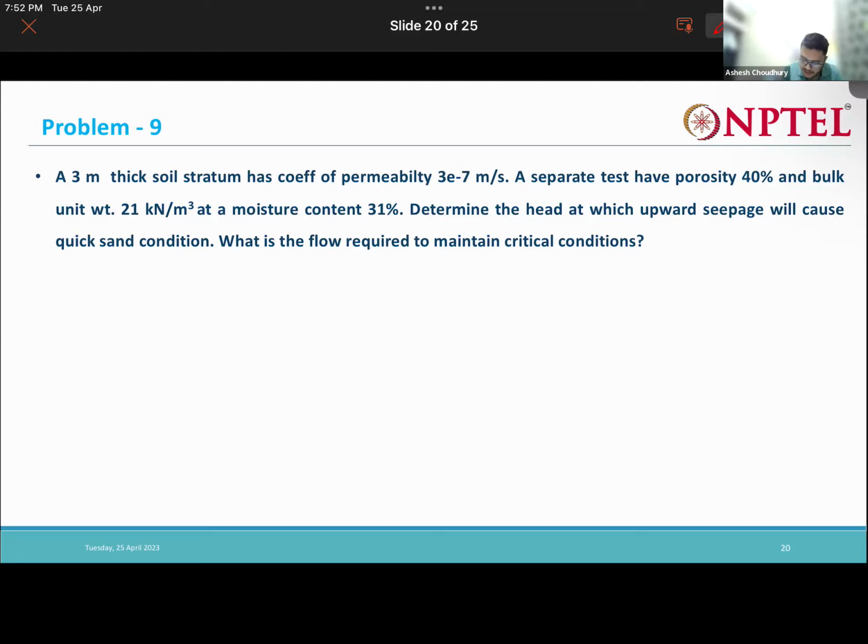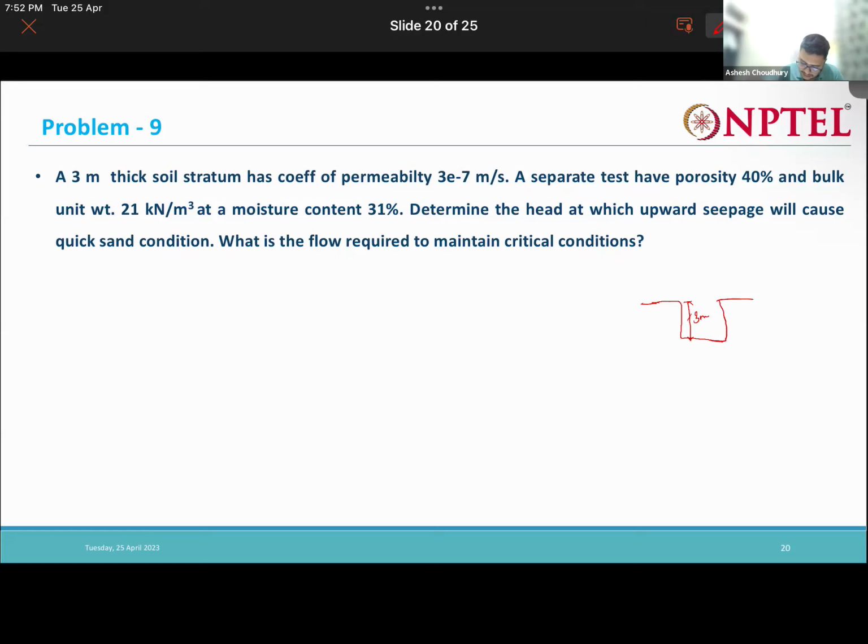Say you have a 3 meter thick stratum, and the water table. Say you have it like this.